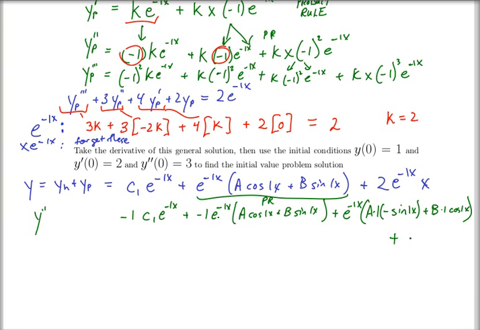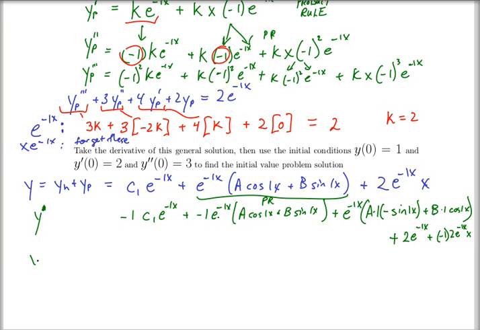It's going to be 2e to the minus 1x plus minus 1 times 2 times e to the minus 1x times x. So that's our first derivative.